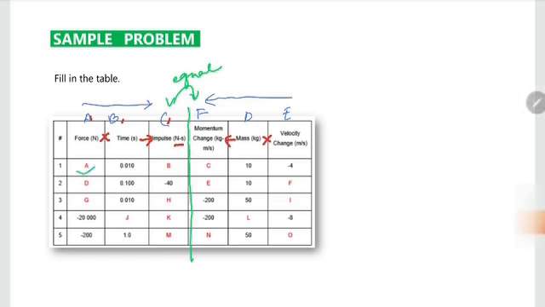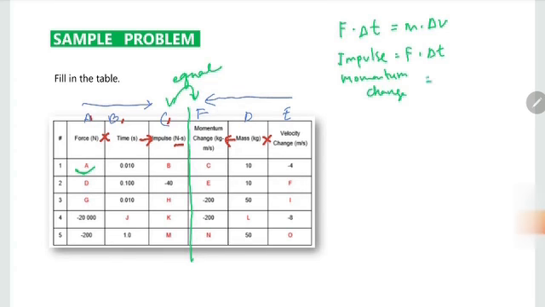Let's solve for A. How do we solve A? The formula is F times change in t equals mass times change in v. Impulse is F change in t; momentum change is m change in v. How do I solve the force? I don't have the impulse, so I go to the other side. I can solve this momentum change because I have both mass and velocity change, just by multiplying. How do I solve C?